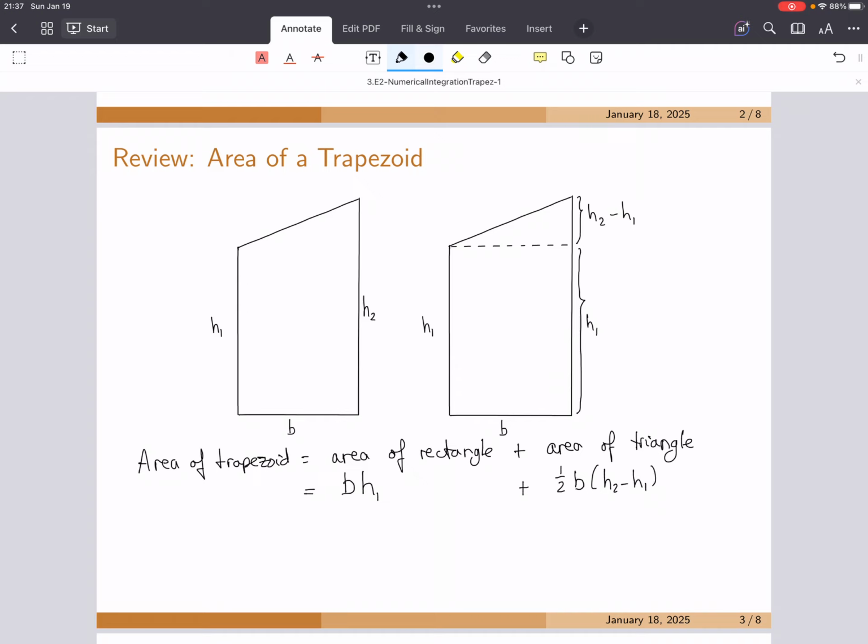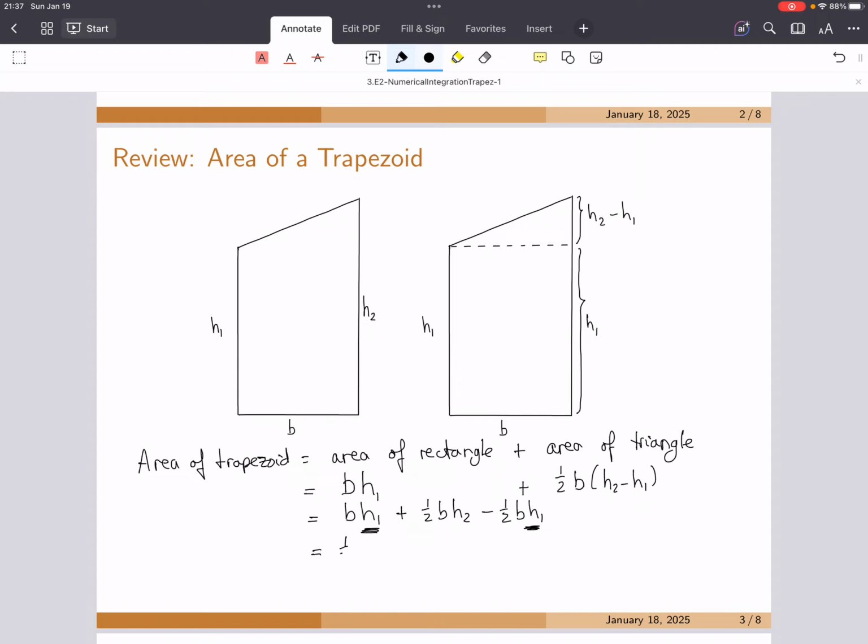And we can simplify this. So first of all, let's multiply things out. Let's make this a half b times h2 minus a half b h1. Now we have a term with an h1 at the beginning, and we have a term with the h1 at the end. So let's combine those. We have b h1 minus a half b h1.